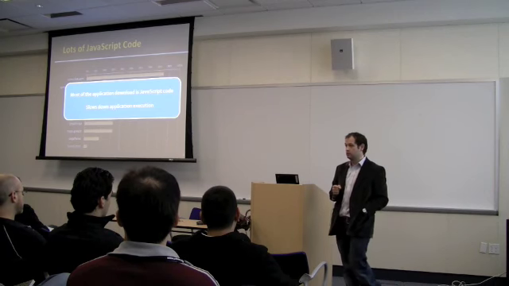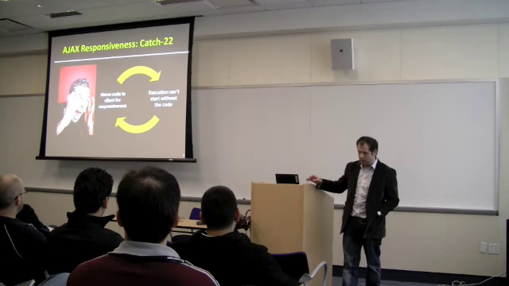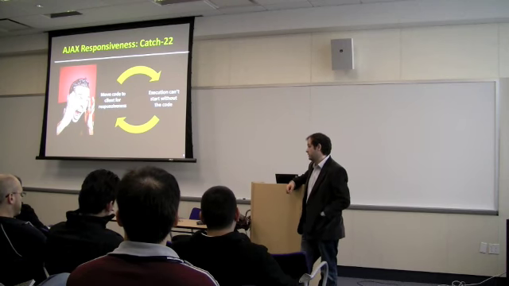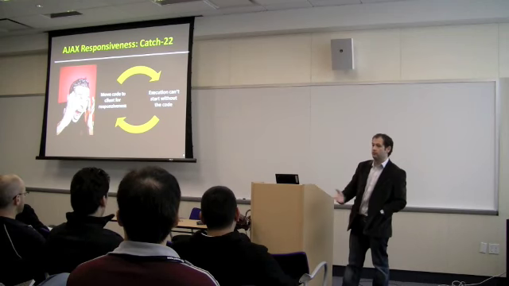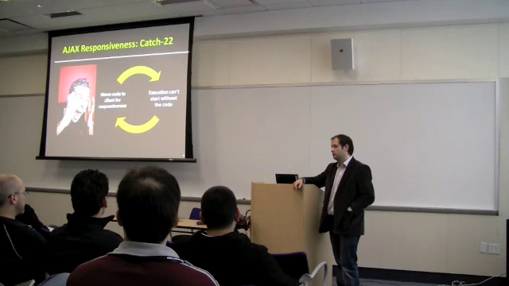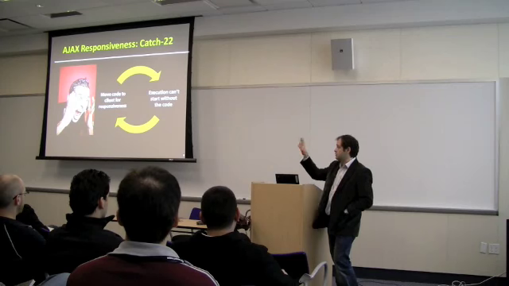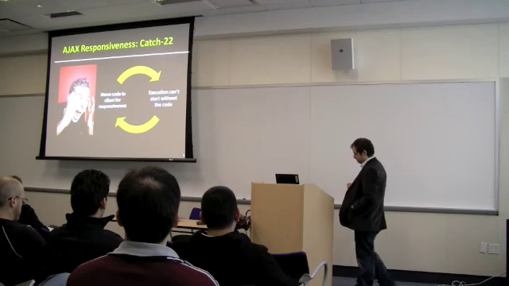So we have this tension between moving JavaScript to the client to get better responsiveness, and the fact that execution cannot really start before the code is migrated to the client. So there's this unpleasant catch-22 and circular dependency that we'd like to break. And that is really the focus of Doloto.